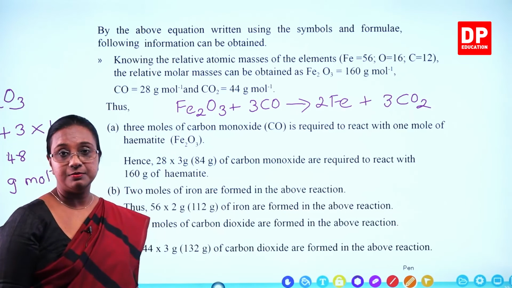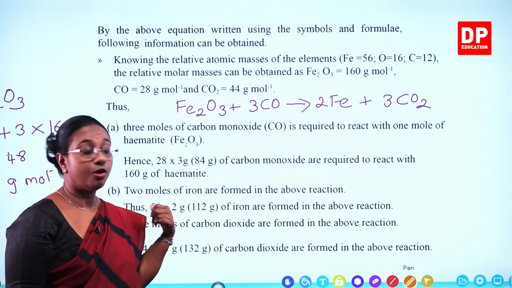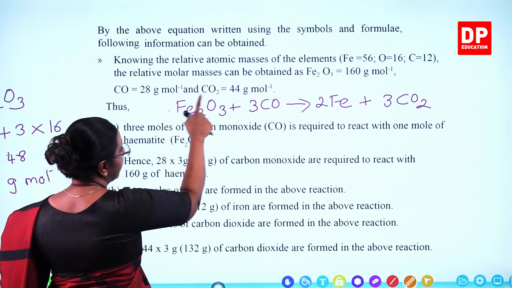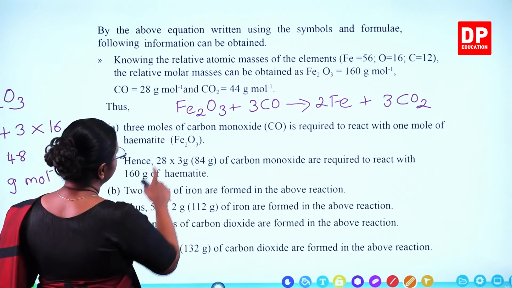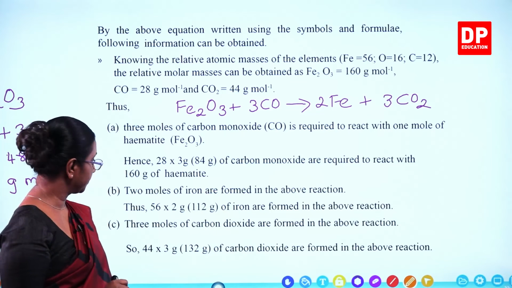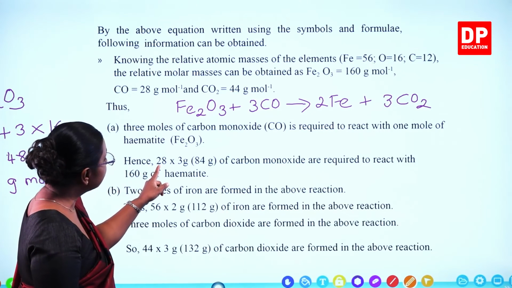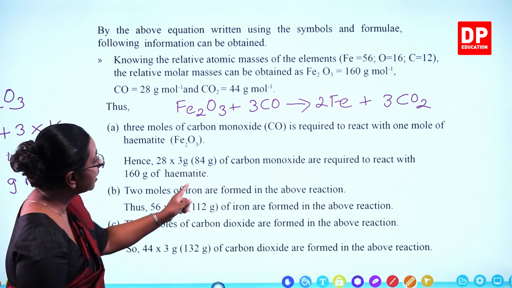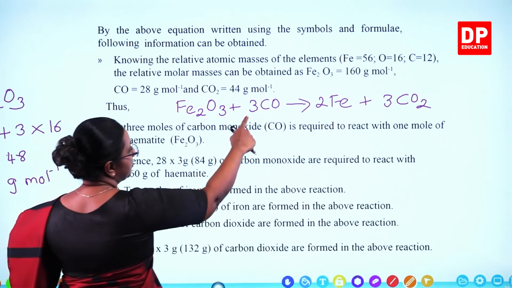So from that, the first one, 3 moles of carbon monoxide is required to react with 1 mole of hematite. I explained that to you all before. So here you have a 1:3 ratio. So 1 mole of hematite, 3 moles of carbon monoxide. Hence, 28 into 3 grams of carbon monoxide.